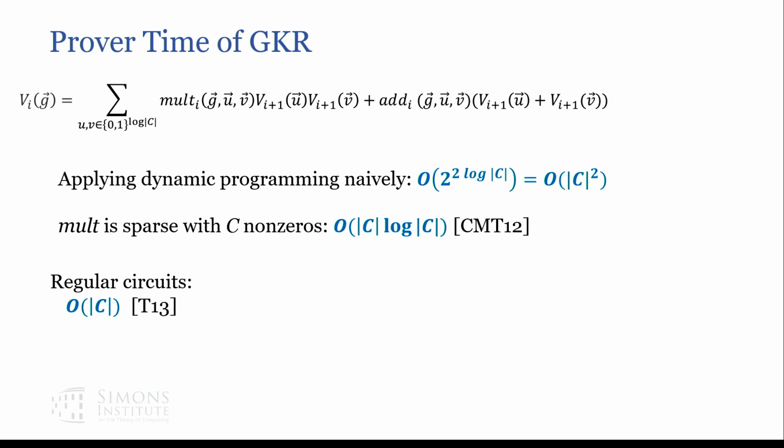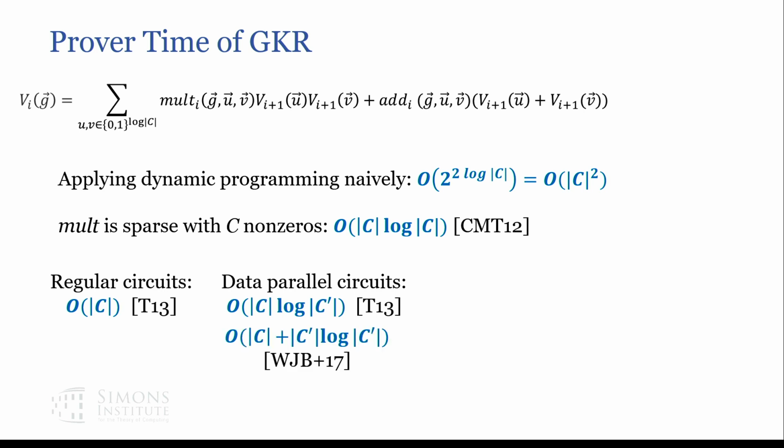And the way is to exploit actual structure inside the circuits. Okay? In Thaler 13, he showed that if the circuit is regular, for example, matrix multiplication and the multiplication tree, we can make it linear time. And if the circuit is data parallel, we can bring down the complexity to C times log C prime, where C prime is the size of the small circuit repeating multiple times.